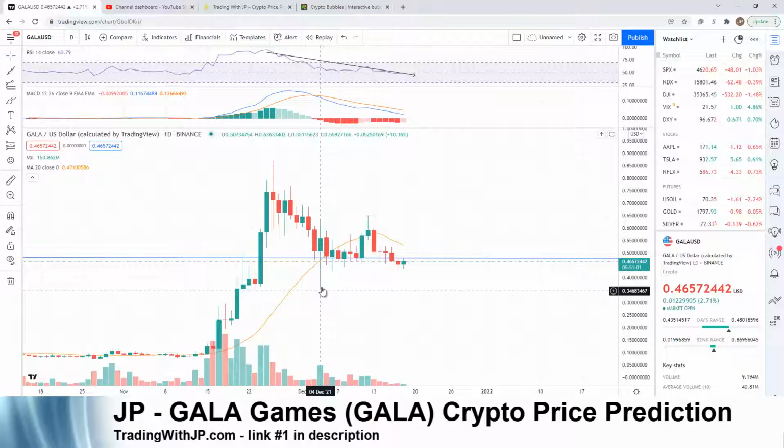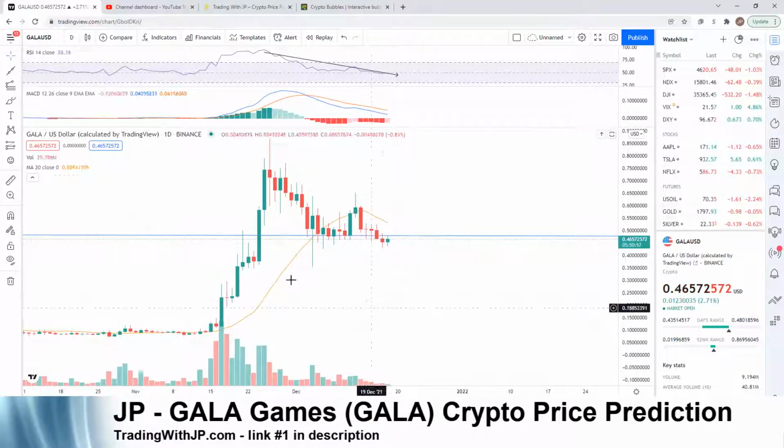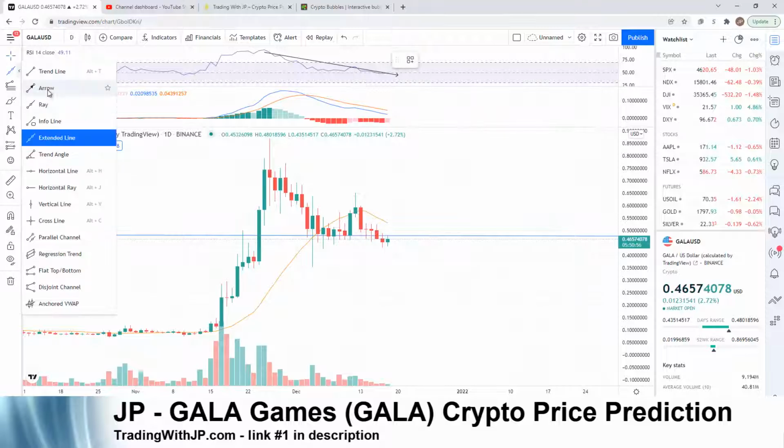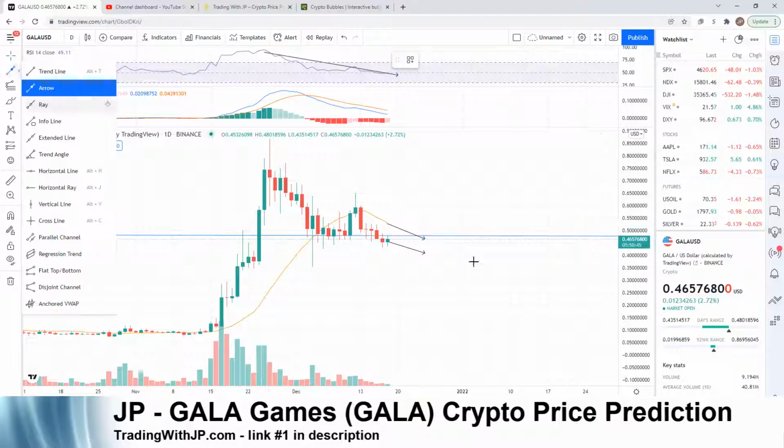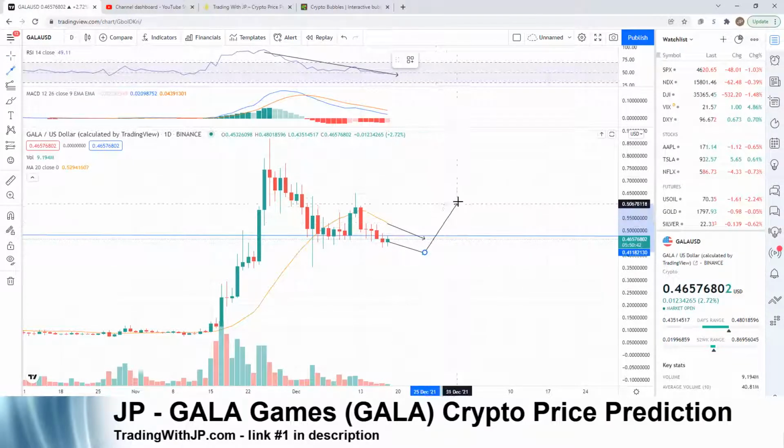We could end up having some type of wick, but what I would be looking for here is some type of increase. Let's say the price kind of goes like this for the next week, which makes this go down like that, and then we start seeing a little bit more of an up run, which is going to make this go like that.